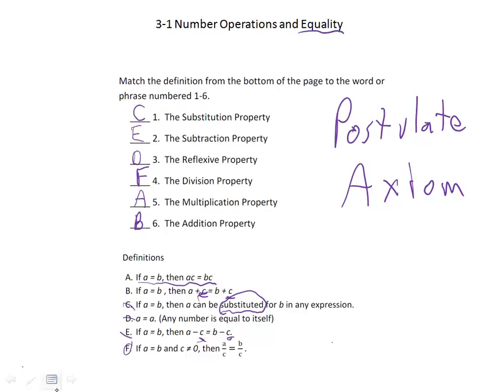And when you get to the homework and they ask you which property is being used, the key is to look for how the equation changed, and that's the most important thing. You got to look for how the equation changed. So they say if this, then y is this way.